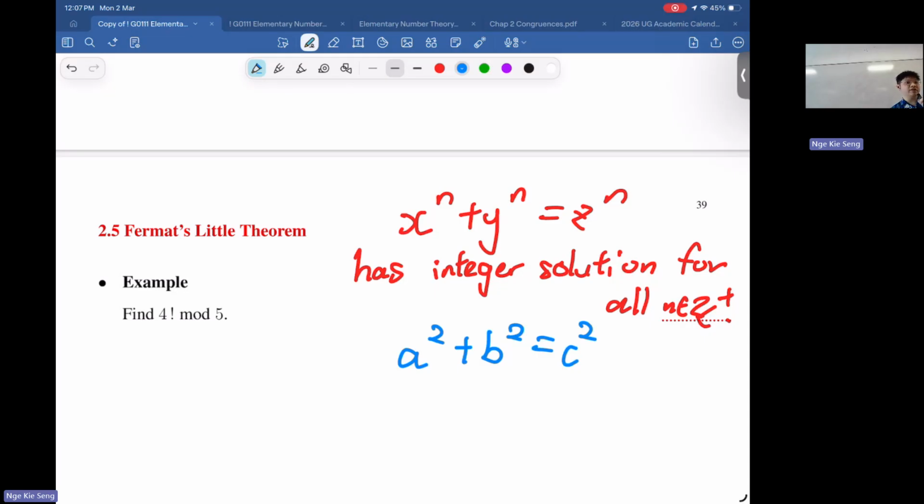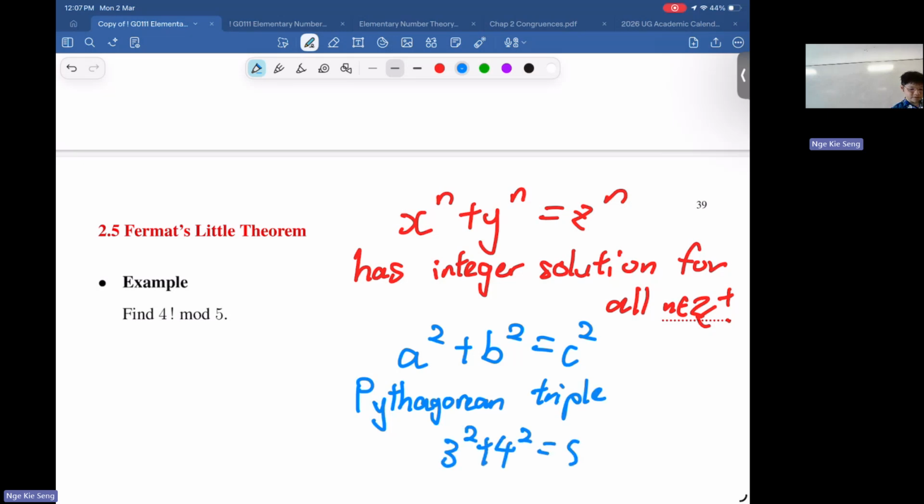This definitely has integer solutions, right? They are Pythagorean triples. For example, 3, 4, and 5: 3 squared plus 4 squared equals 5 squared. So you would naturally ask, if I increase this power, does an integer solution exist or not? It turns out that no.